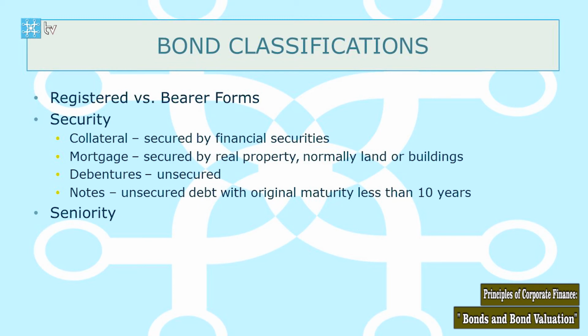Mortgage bonds are secured by real property, normally land or buildings. And debentures are unsecured bonds. Notes are unsecured debt with original maturity less than 10 years.